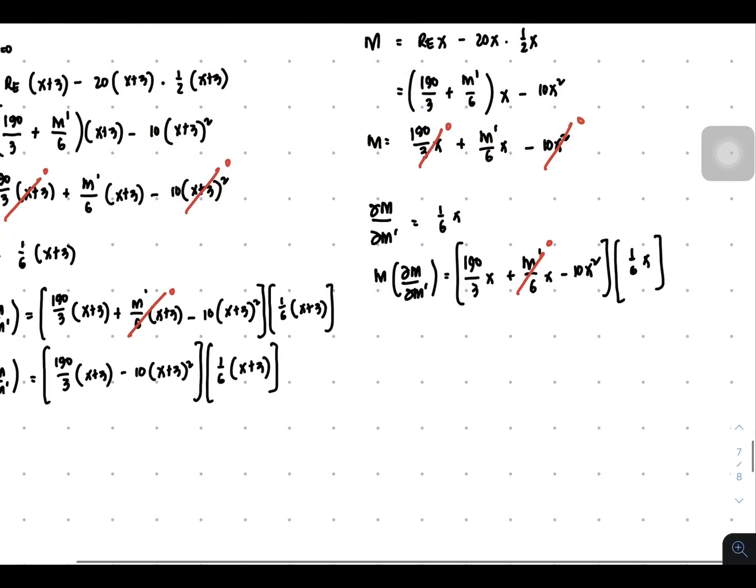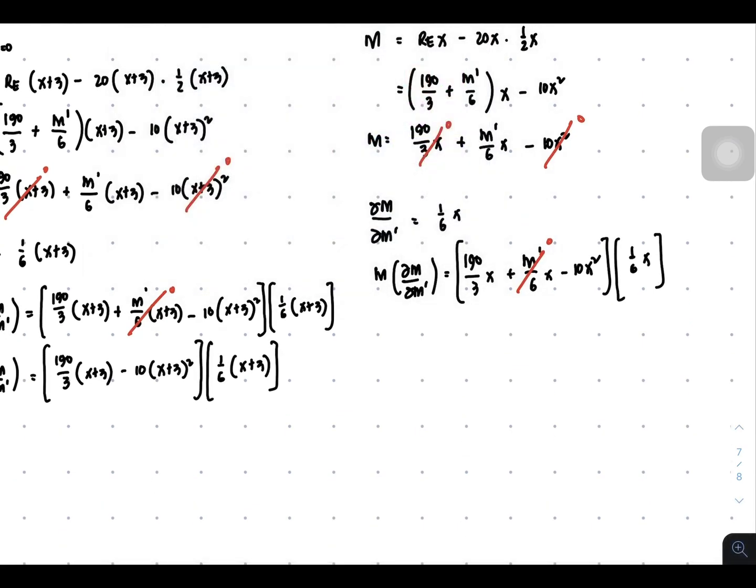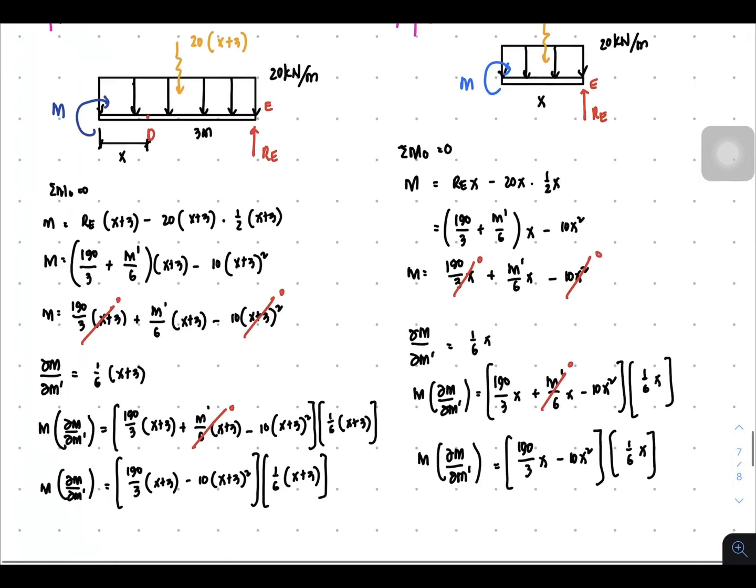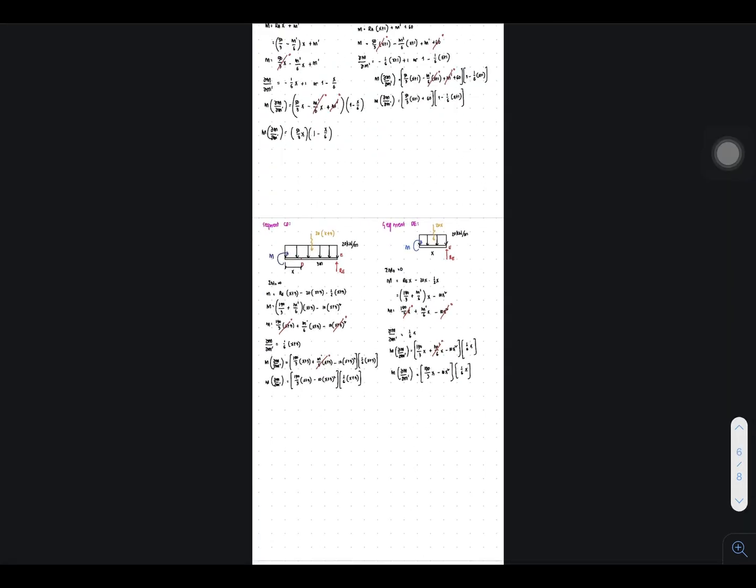And we are going to set now all the m prime term to 0. And this is now the final product. That's going to be 190 over 3x minus 10x squared times 1 over 6x.